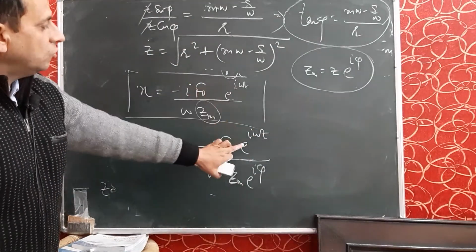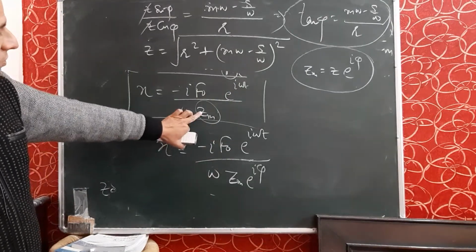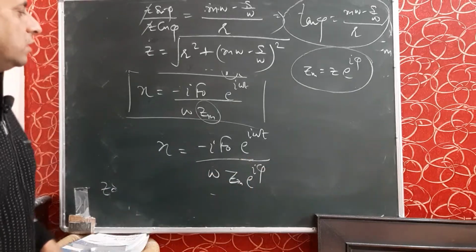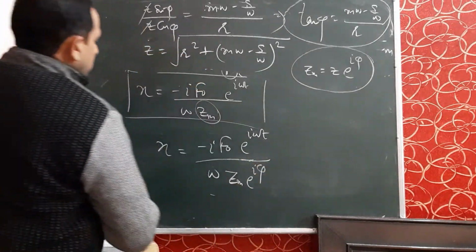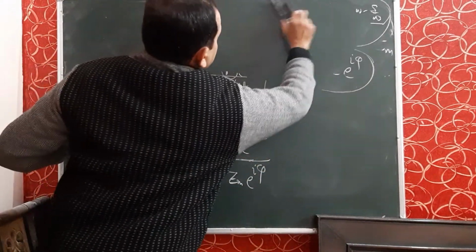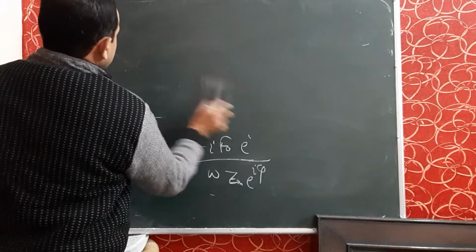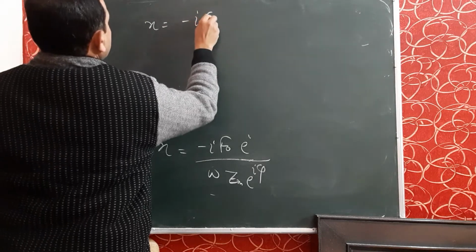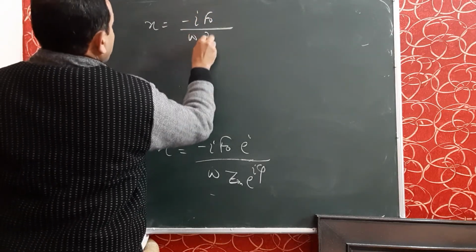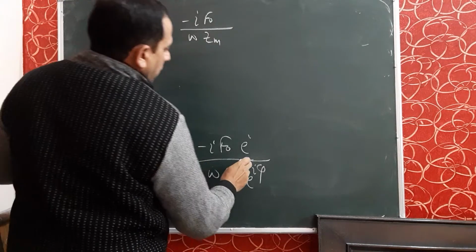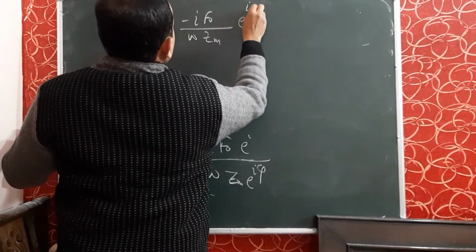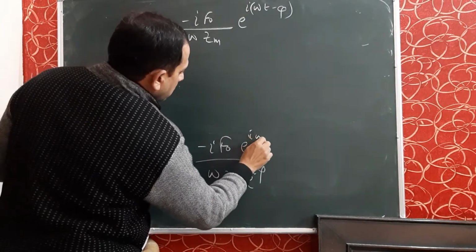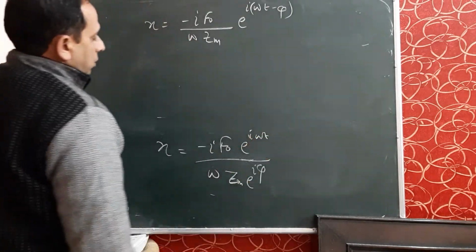So e power iota omega t is already there, and I have put Zm as its magnitude and e power iota phi, or finally x will become minus iota f naught upon omega Zm, its magnitude, and e power iota omega t minus phi, because the phi goes to the numerator part.